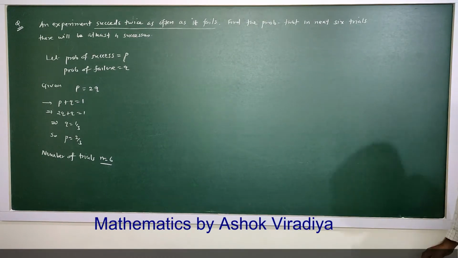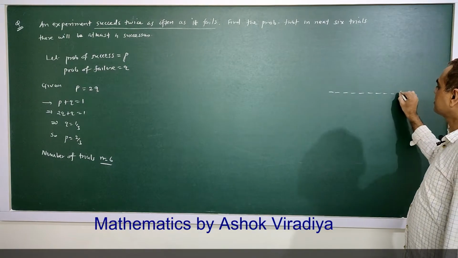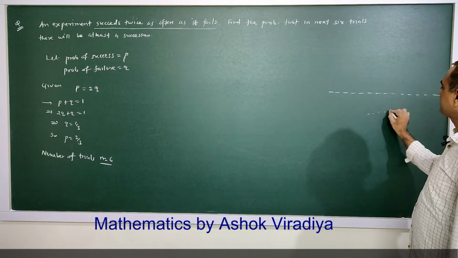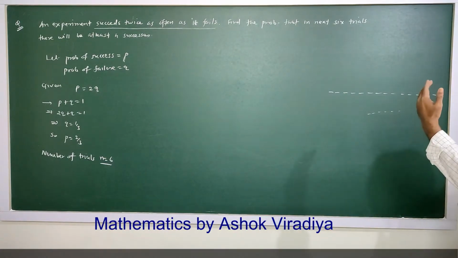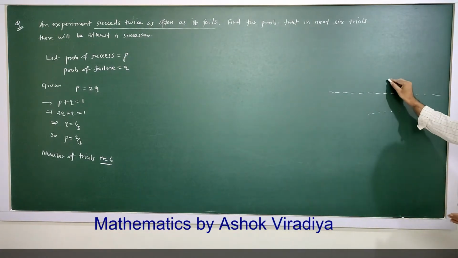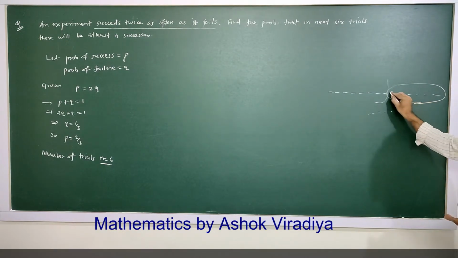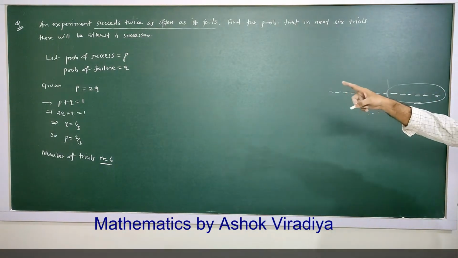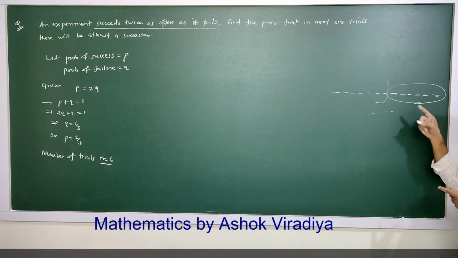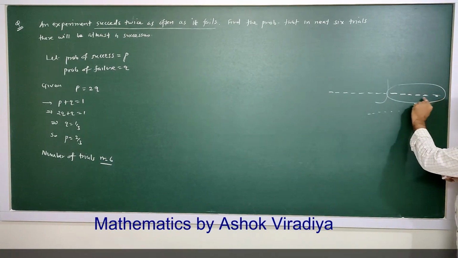That means the experiment is performed some number of times, and then in the next 6 trials, 1, 2, 3, 4, 5, 6, the probability that there will be at least 4 successes means 4 successes, or 5 successes, or 6 successes.